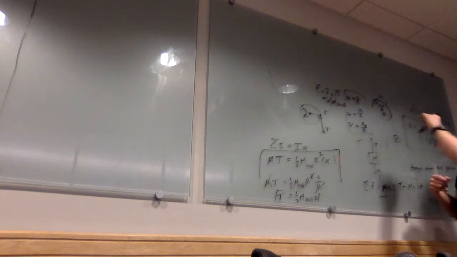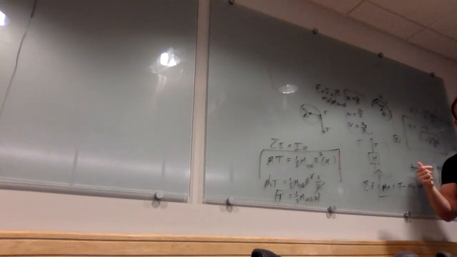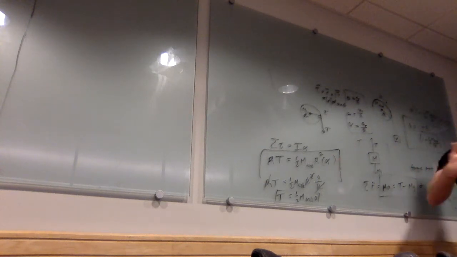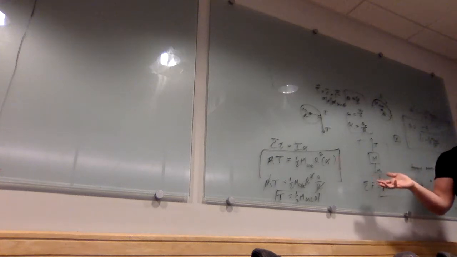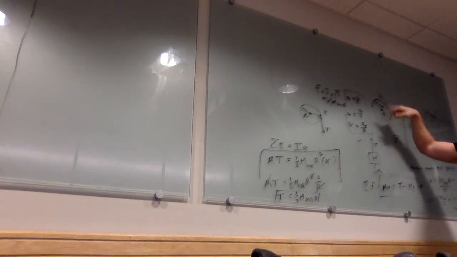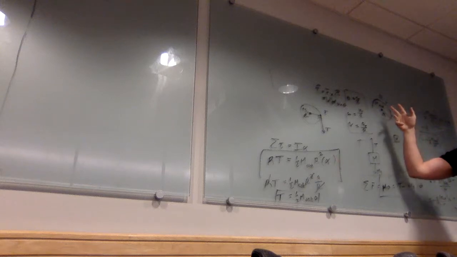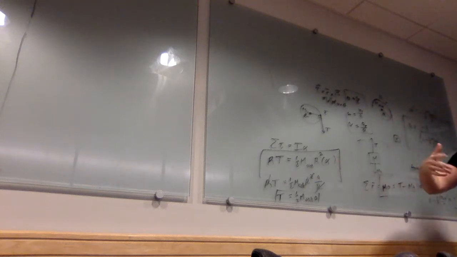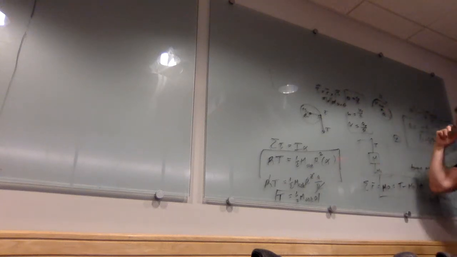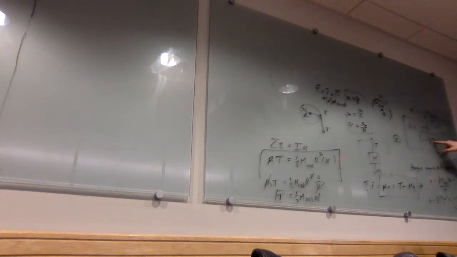If this is a massless disk, we should just expect the block to just fall, right? Because it's just like something falling on its own. If there's no mass here, the moment of inertia is 0, and so it's like it's not even connected. It's like if you cut it. Well, if the mass of the disk went to 0, we get a 0 here, and we get minus g over 1, which is minus g, and a is minus g. It's exactly right. It's something falling with nothing.